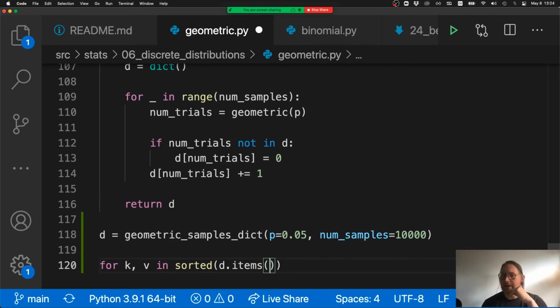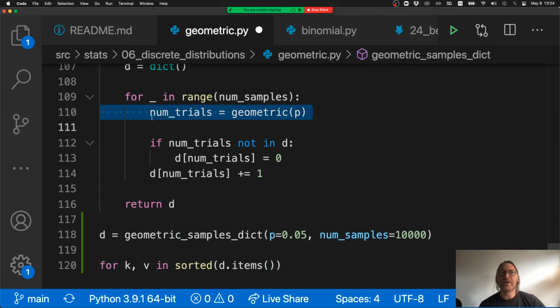Yeah, to organize the data. Yeah. And in these sampling processes, we can't guarantee that this first call to geometric of P is going to be 1, right? And so the first thing we put in our dictionary may not have a number of trials 1. We're not going to get these in order. It's very unlikely that we would. So it's very unlikely that our dictionary would have the K values in order.